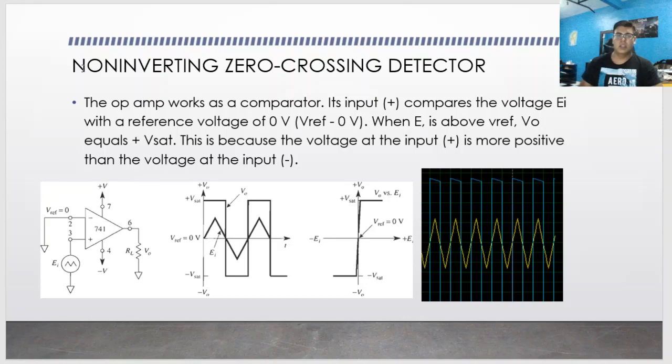Here we can see a circuit that is non-inverting, and we can see the theoretical signals and, in practice, here's the signal. We can see the signal of the op amp and the signal input.